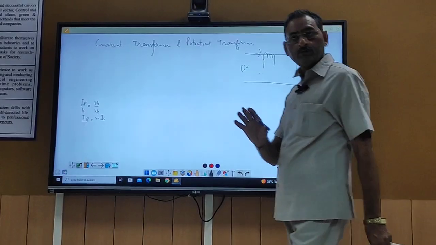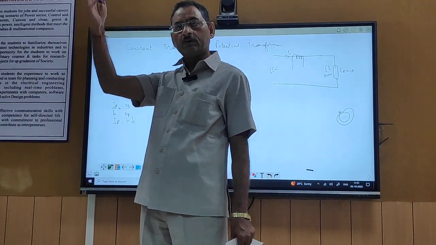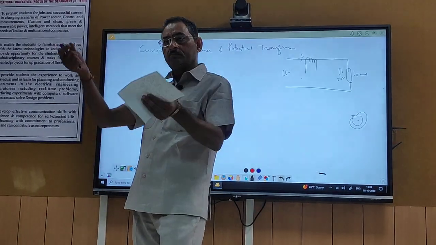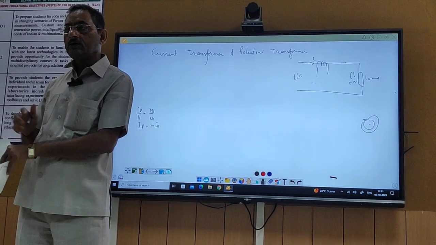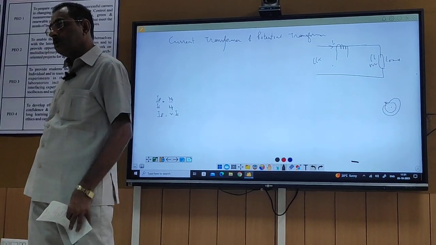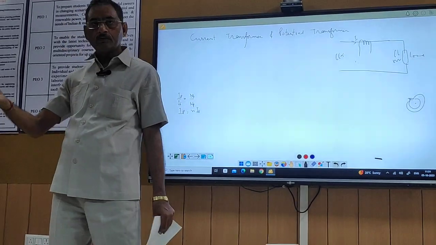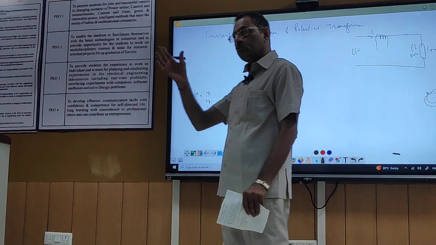Even if you have a 66 kV voltmeter, whether you can measure the voltage? You cannot measure. You cannot go near the line where the 66 kV voltage is there. Because of security and protection purposes, we also cannot go near to that.